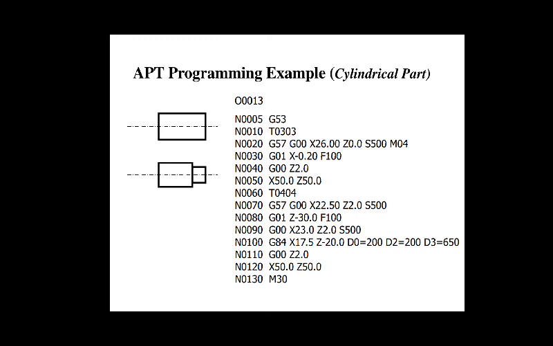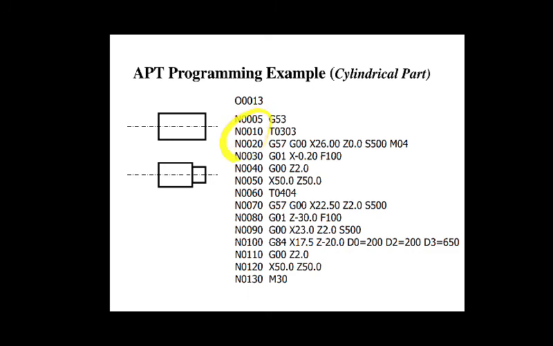XYZ is axis designation, and F is for feed rate designation, S is for spindle speed designation, T is for tool designation, and M is for miscellaneous function.